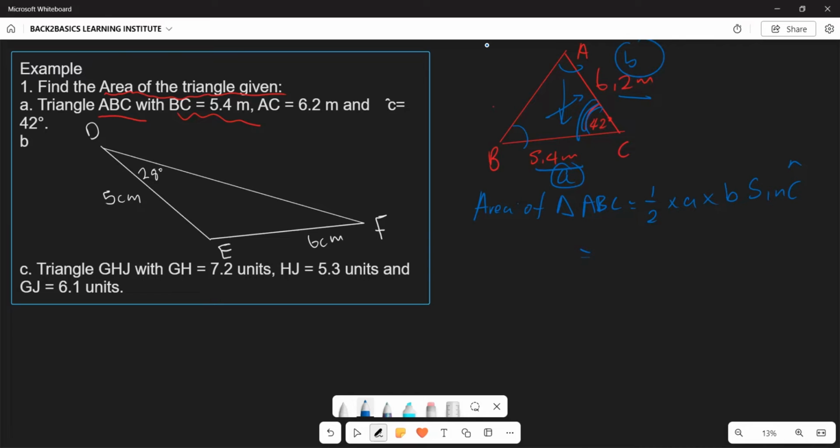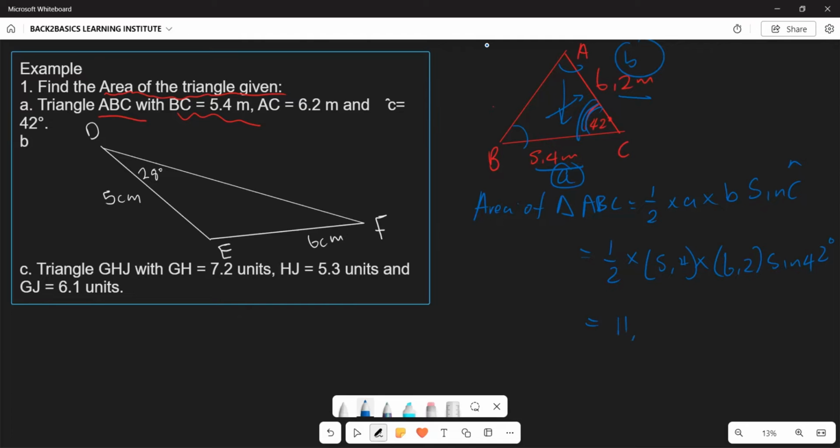Then you are going to substitute what you are given. This is going to be 1 over 2 multiplied by your A, you are given that it's 5.4, isn't it so? Multiplied by your B, you are given that this is 6.2, sine of 42 degrees. Then what is going to be the answer if you punch it in your calculator?